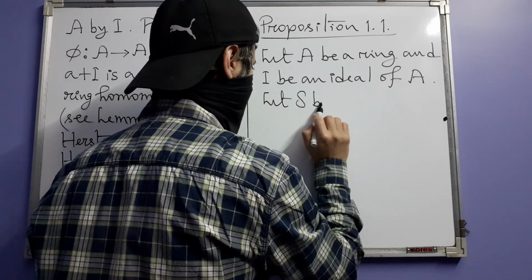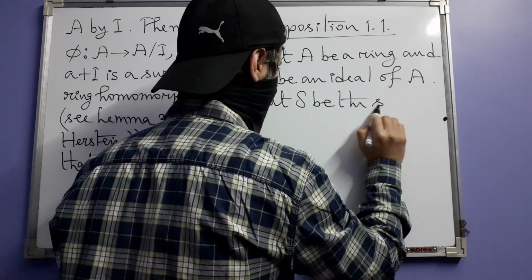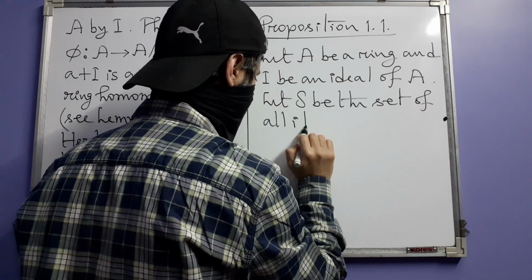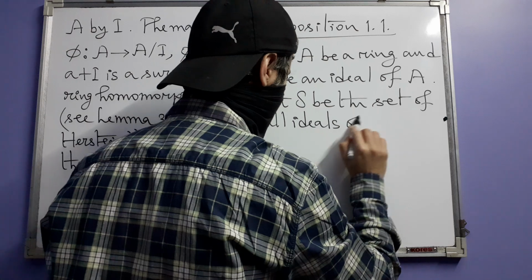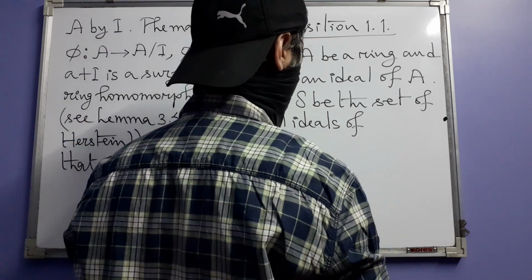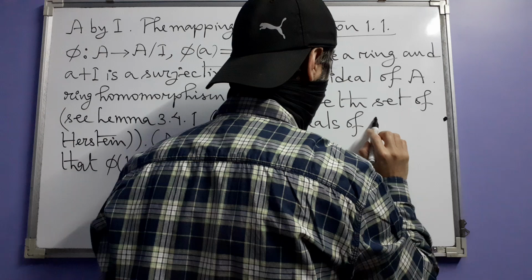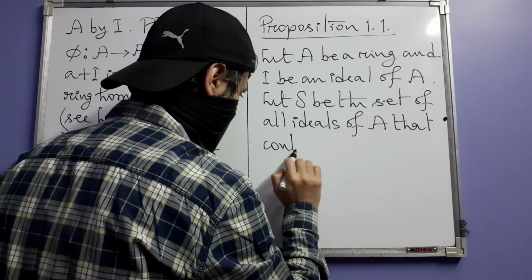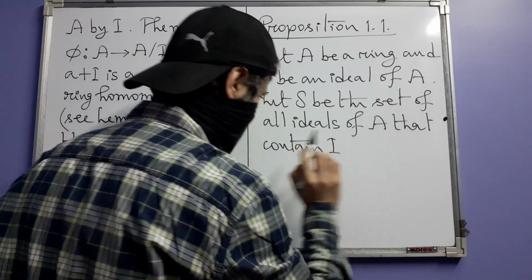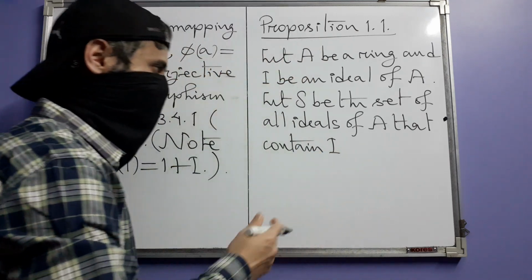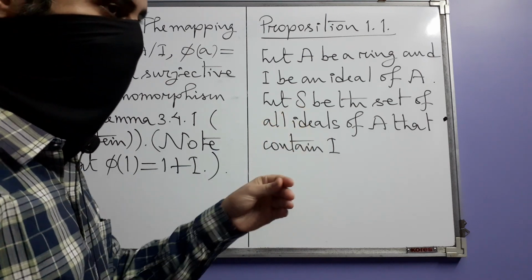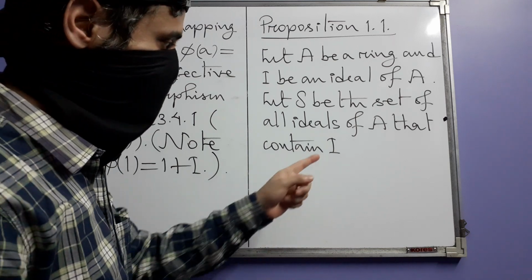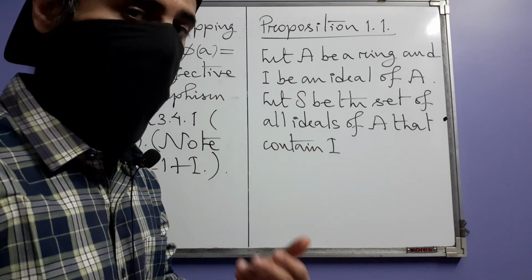Let S be the set of all ideals of A that contain I. Contain I means, what are the elements in S? They are ideals of A, those ideals which contain I inside them as a subset.